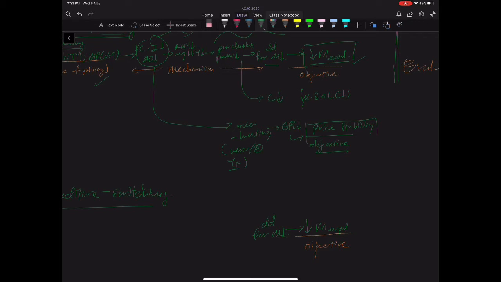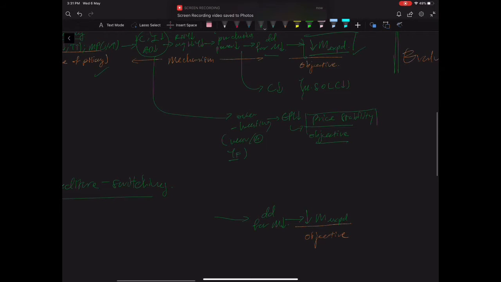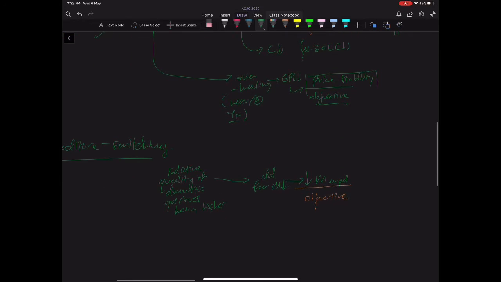The first is it could be due to the relative quality of domestic goods and services being higher than the imported goods and services.